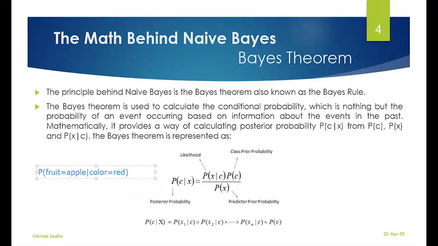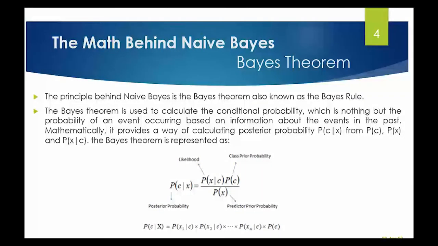What is the probability that the fruit will be an apple given the color is red? It is given by the likelihood, which is the probability of x given c, times the class prior probability, the probability of c, that is, the probability of having an apple, divided by the probability of x, the predictor prior probability, that is, the probability of having the color red.